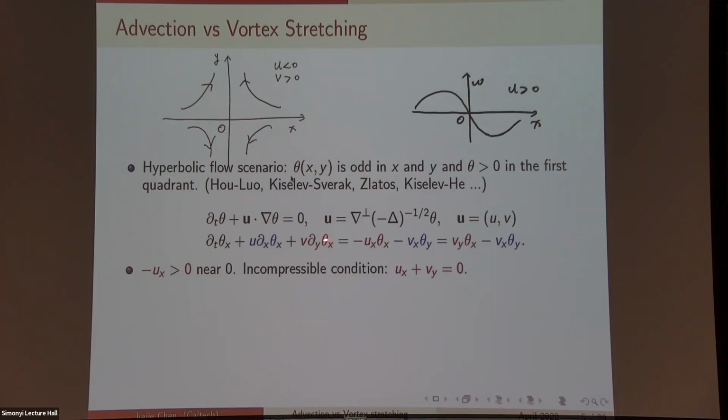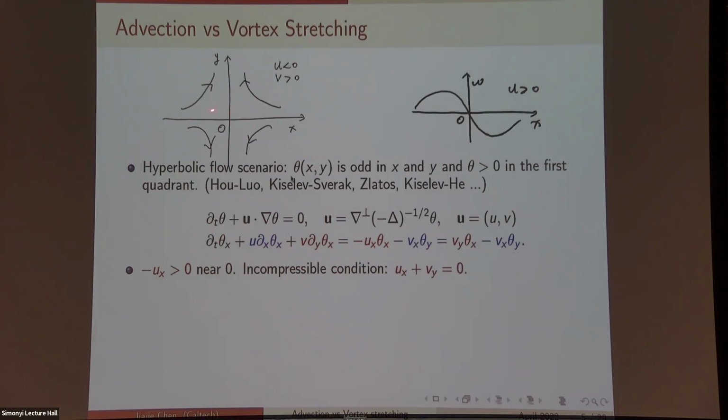Now we can derive the equation of theta sub x from the SQG equation by simply taking the derivative. If one tries to study a growth of the SQG, one driving force is the right-hand side, this term, because this term has strong alignment with this part. This nonlinear term also contains theta sub x.